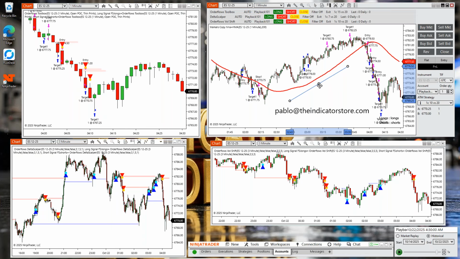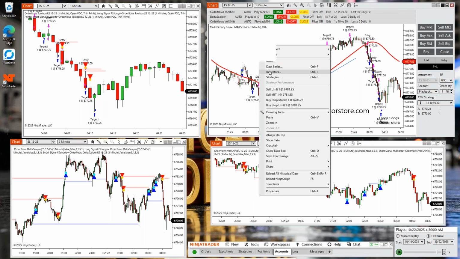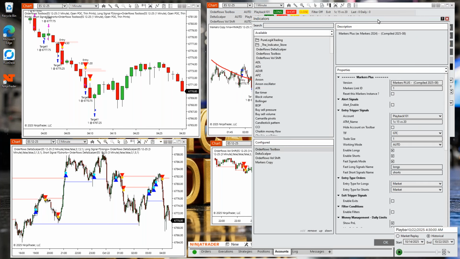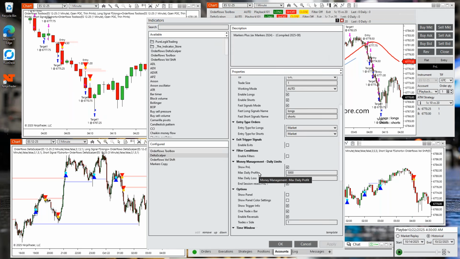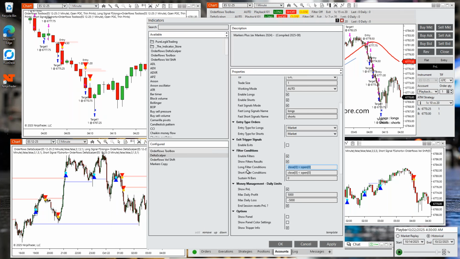You can say, okay, I want to go long. You can see that there are several trades executed there. But maybe I want to filter when the line is going up, or also when the price is over the line. You have several options. Option number one, I want to execute longs only, for example, for the Delta Scalper. On the Delta Scalper, I enable the filter, and this is a default filter.